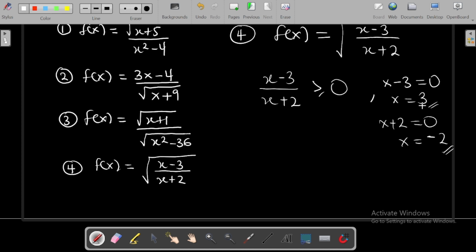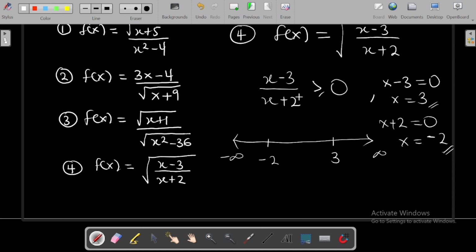So you have 3 and you have -2. Quickly, you put all of them on the number line: -2, and then 3.